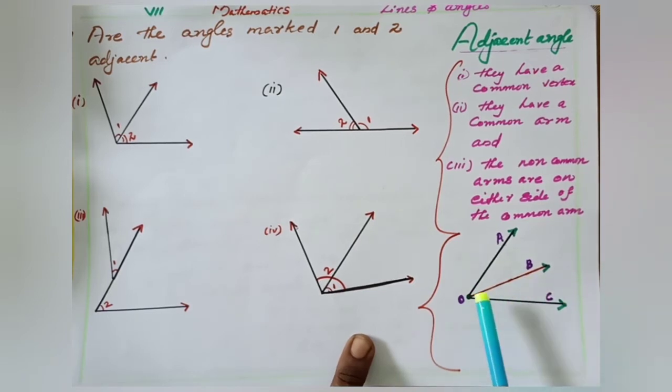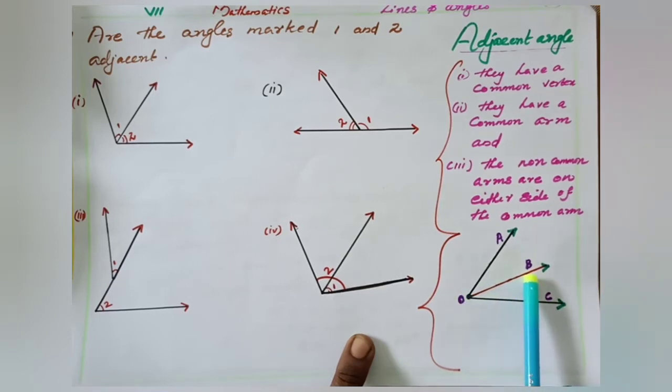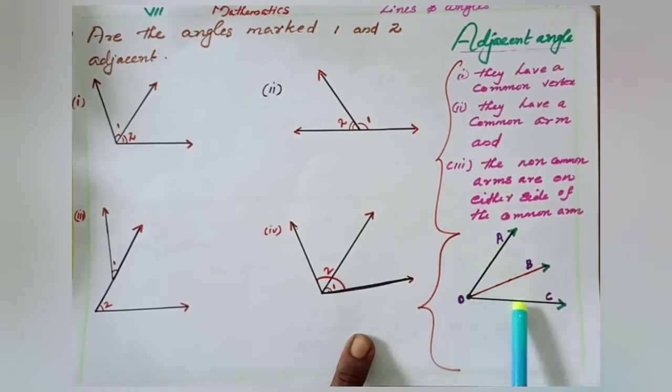So for angle AOB and BOC, OB is the common arm, O is the common vertex, and non-common arms OA and OC are either side of the common arm. So adjacent angles have a common vertex, common arm, and non-common arms on opposite sides of the common arm.